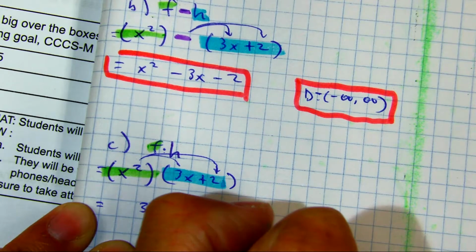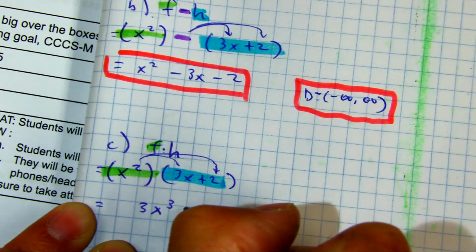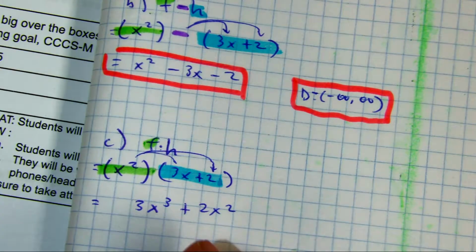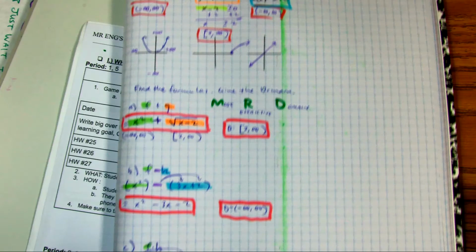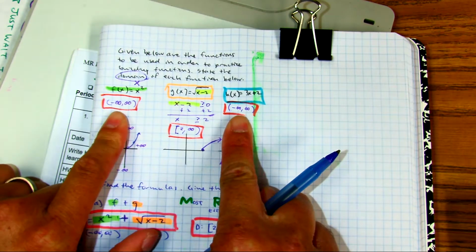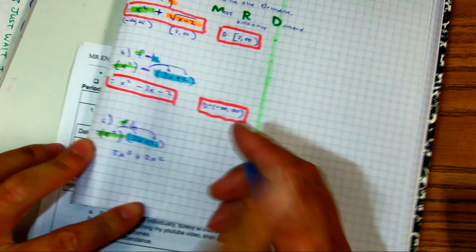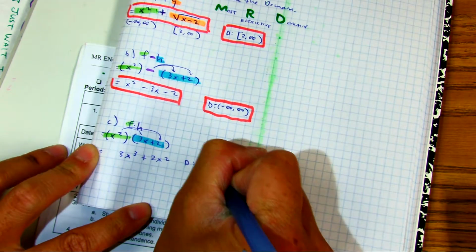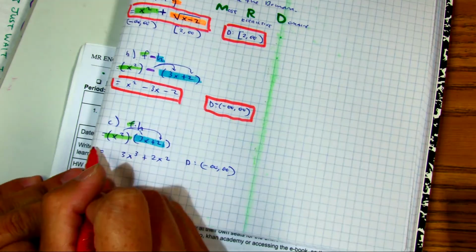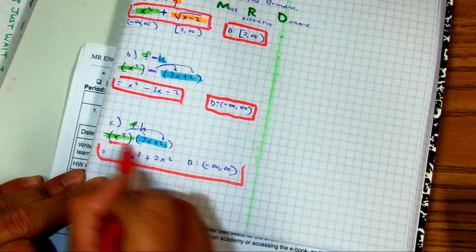X squared times 2? 2x squared. That's it. And what's the most restrictive domain for those two? Which one's most strict? They're the same, right? So that would be your answer. You would have to have both of those answers given the instructions. Okay?